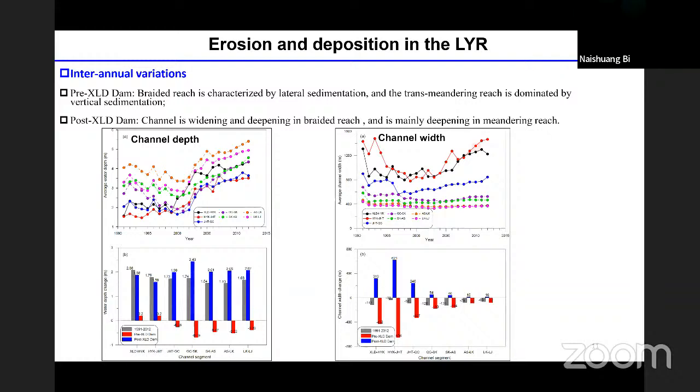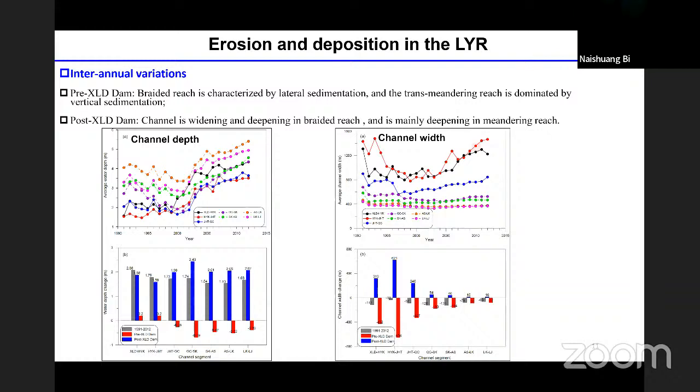However, the meandering reaches mainly show a decrease in the water depth of the river channel, the dashed line. This means the transitional and meandering reaches are dominated by vertical sedimentation.